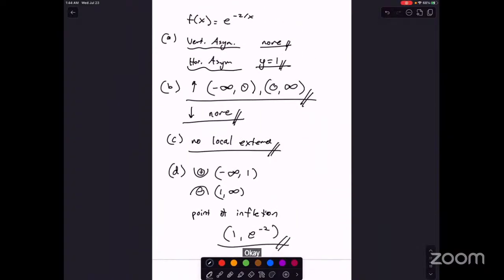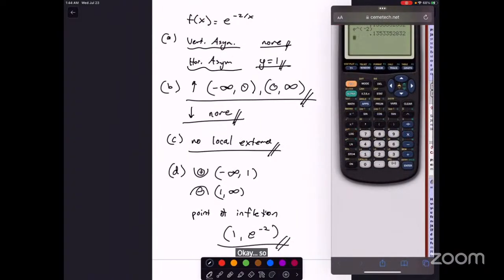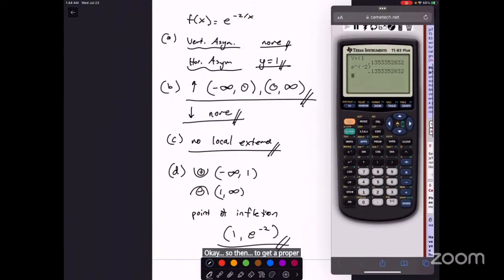Okay. So then to get a proper window, let's see. Let's go like negative 1 to like 2, in steps of 0.25.